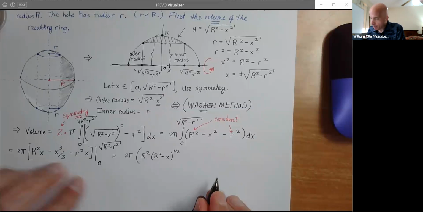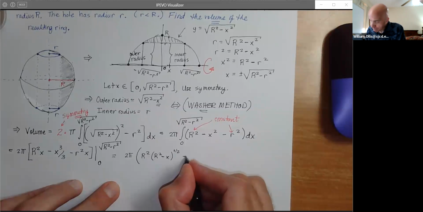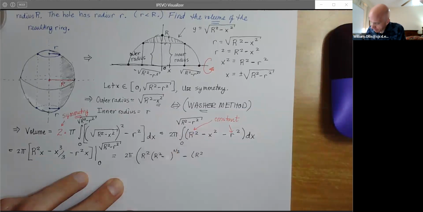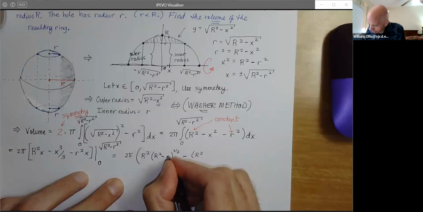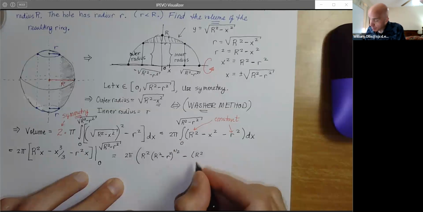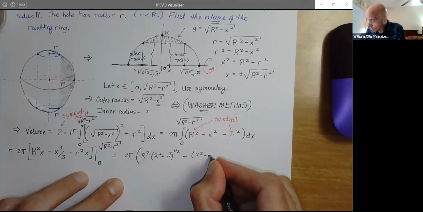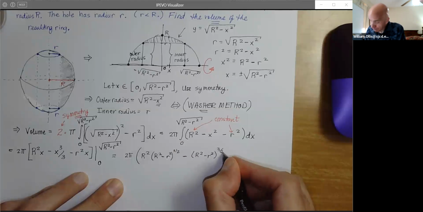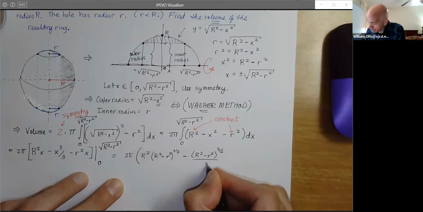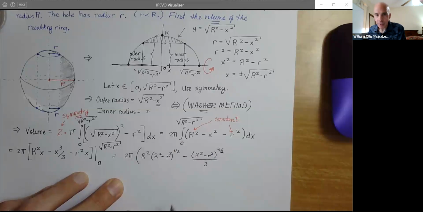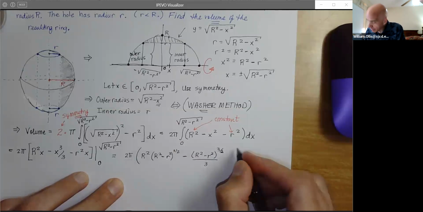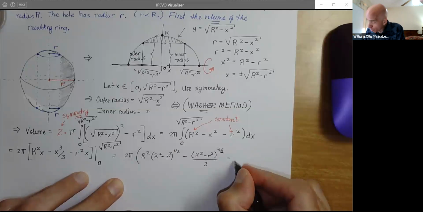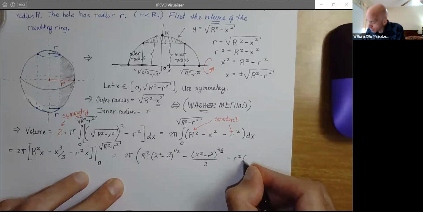Okay, and then we have minus, we have little r squared there, and then minus R squared minus little r squared to the 3/2 over 3. Make sure you can see that 2 there. And then minus r squared times the radical.